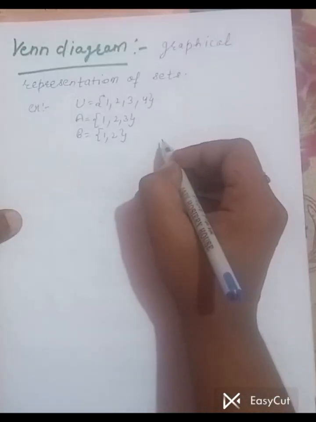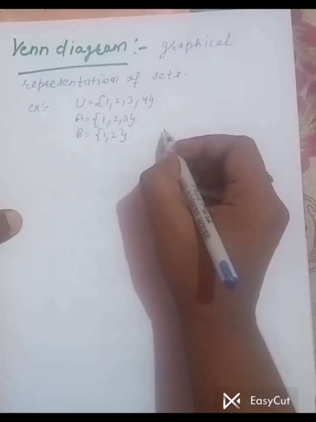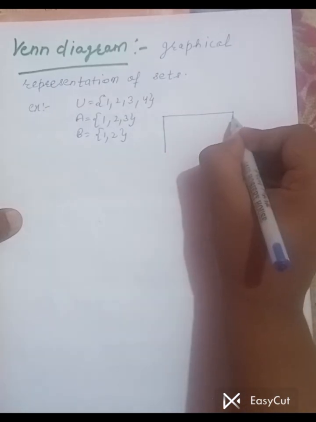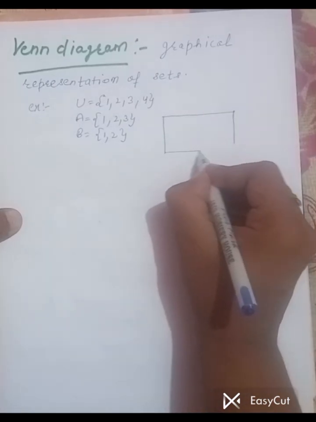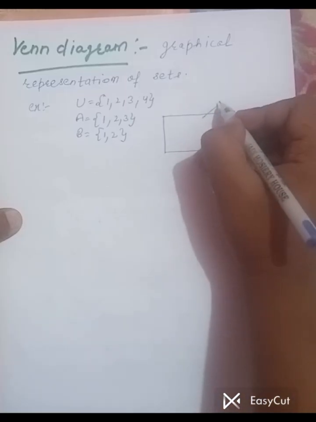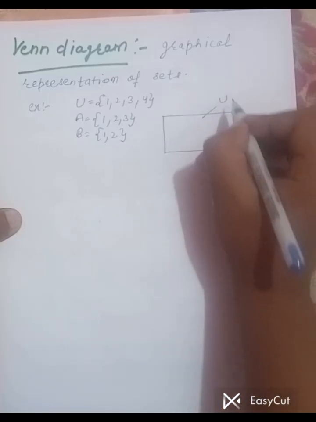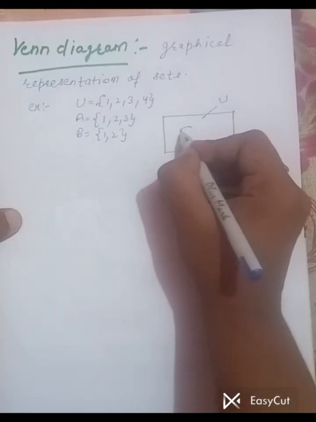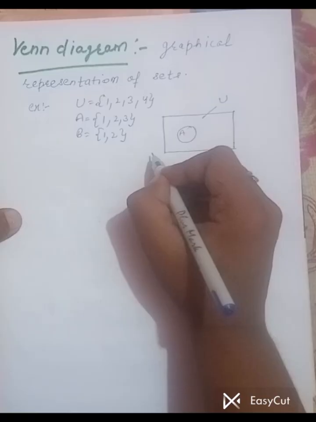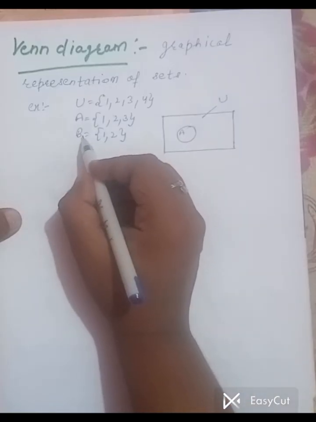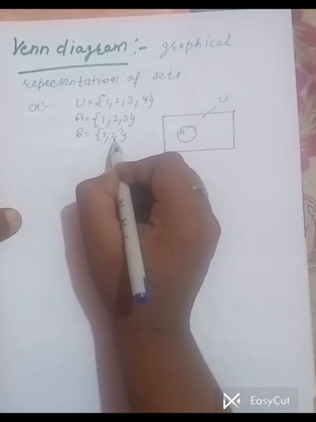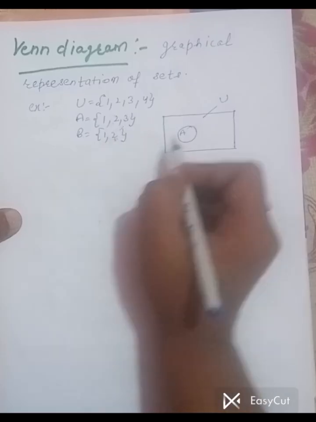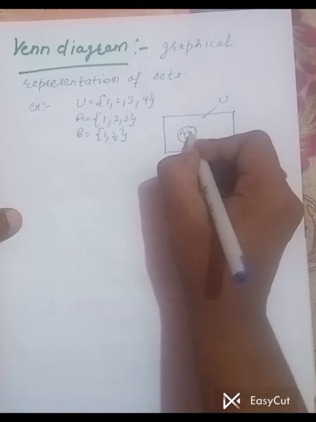How will we represent it as a Venn diagram? The universal set we will always define by a rectangle. This is U, and in this there is a set called A, and B, in which all the elements of B are in A, so it is a smaller part of A, so it will be drawn as B.